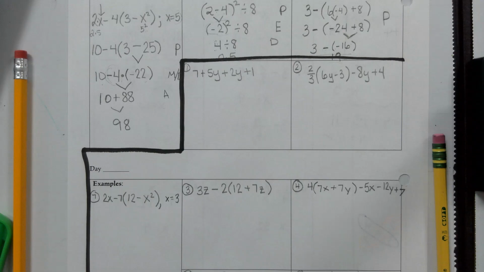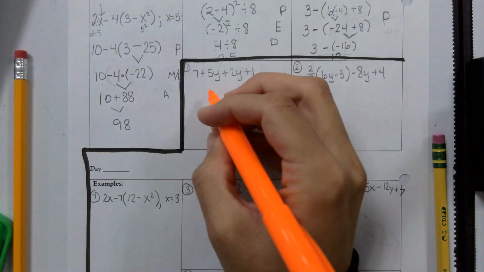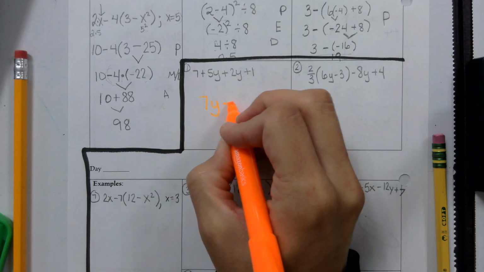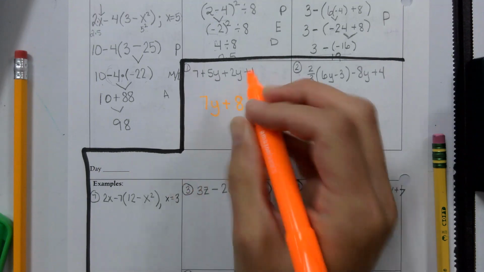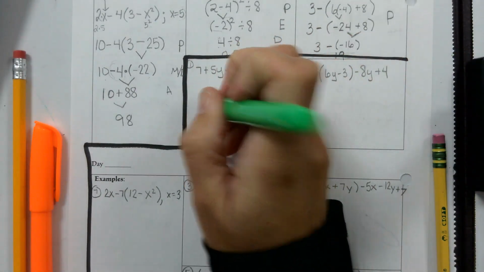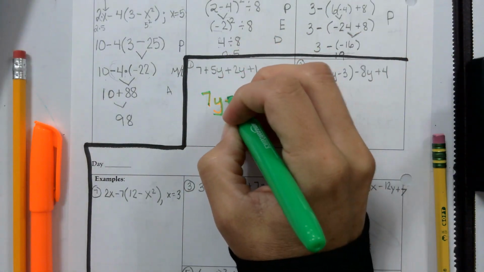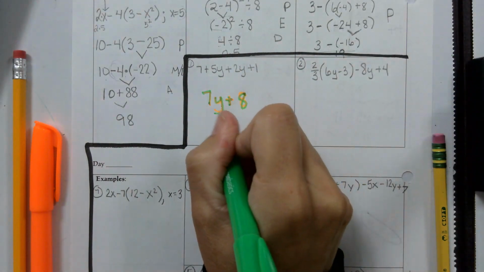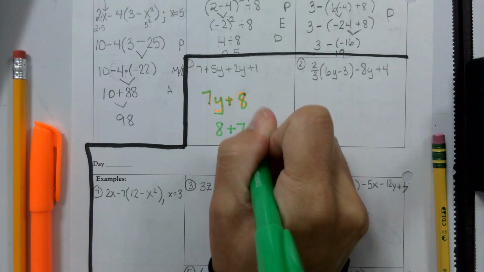The first answer should be 7y plus 8. Maybe that's kind of hard to see. Let's try this color. 7y plus 8. And it would be okay if you had 8 plus 7y as well.